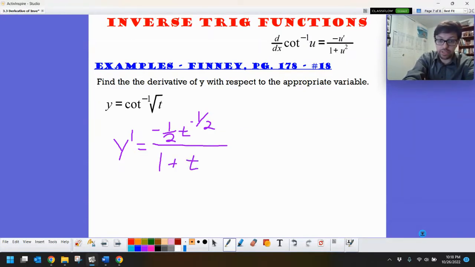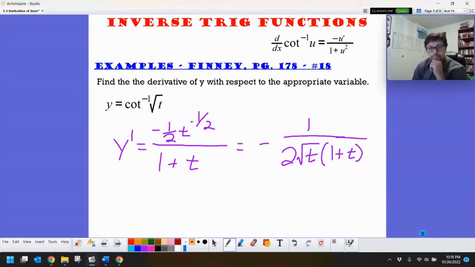So that is just a t. Let's see, is there anything that we want to do to simplify that? Well, I mean, we could bring that t to the denominator, and that 2 would also go to that denominator. So it would be negative 1 over 2 square roots of t times a 1 plus t. Yeah. So that might be another way to write it.